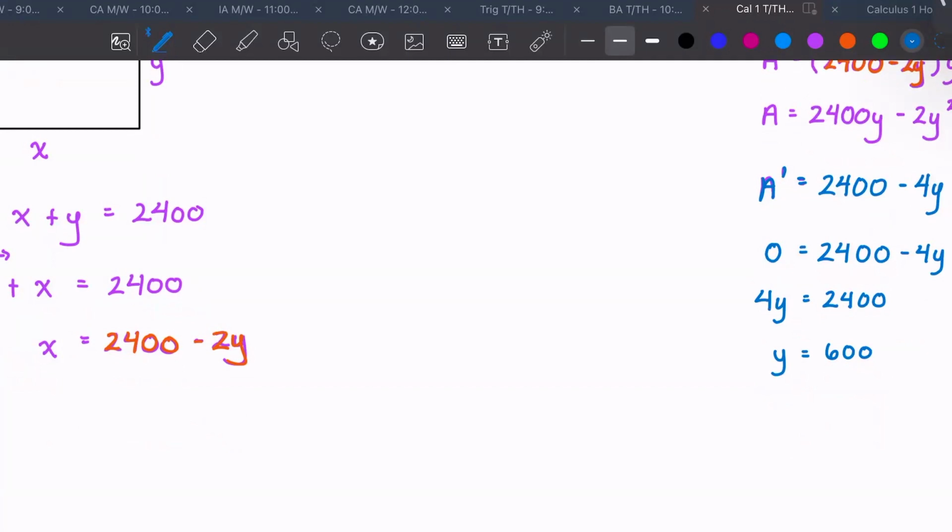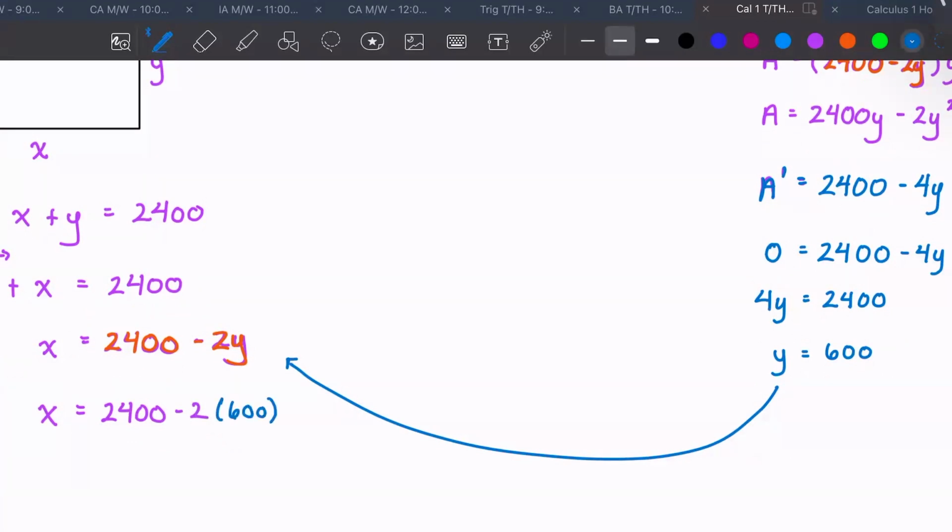So we can just back substitute now, right? We're going to plug it in there. So x is 2,400 minus 2 times 600, and that would give us 1,200.